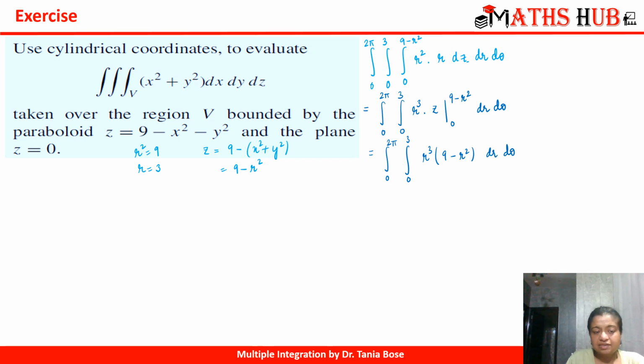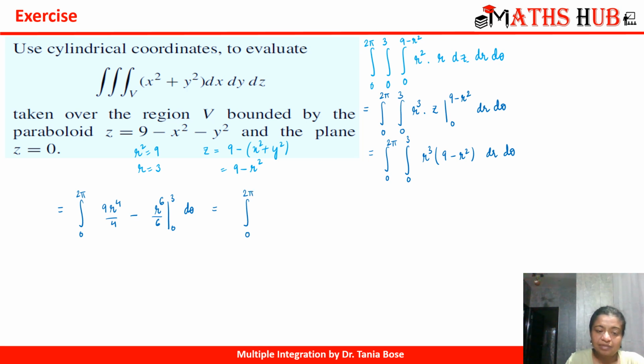So now this becomes 0 to 2 pi. Now when I open up the brackets, I get 9r cube. So integration of 9r cube is 9r^4 by 4 minus r cube into r square is r^5, so it is r^6 by 6. Limits are from 0 to 3 and then we have d theta. So that becomes 0 to 2 pi.